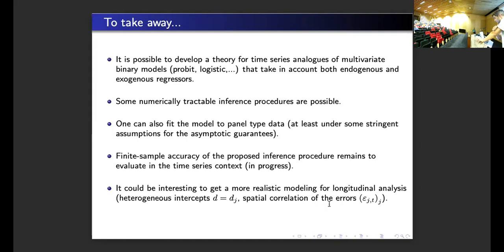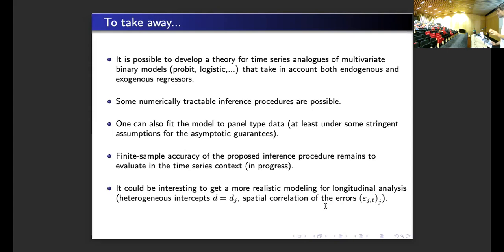And what could be interesting theoretically is to use a more realistic modeling for longitudinal analysis. One thing which could be interesting is to put a spatial correlation across the sites for the noise component, for instance, just to define a true spatiotemporal model, because here I assume some very restrictive independence assumptions.